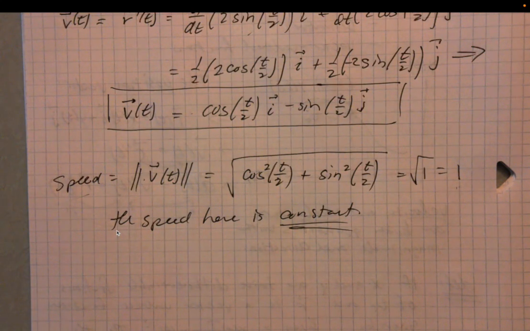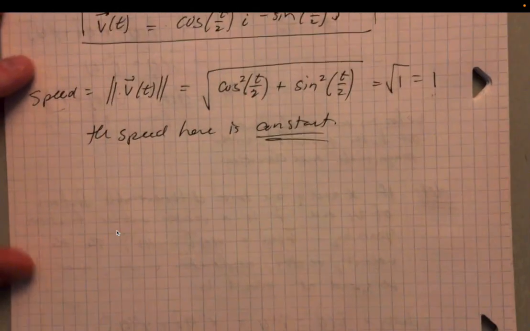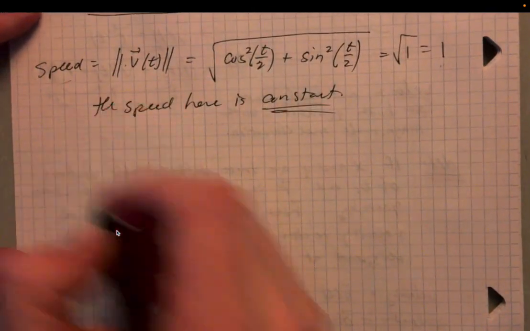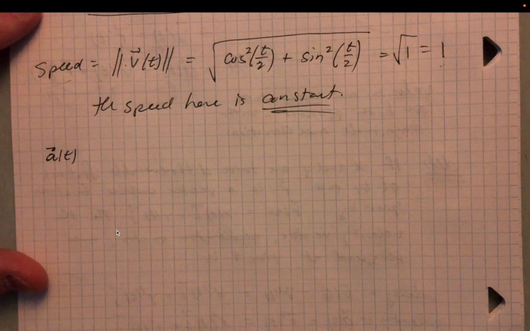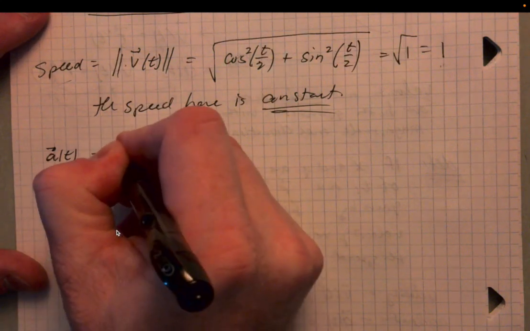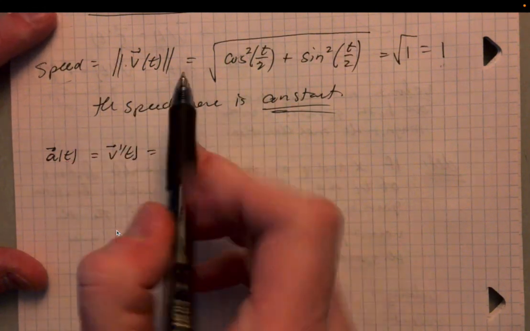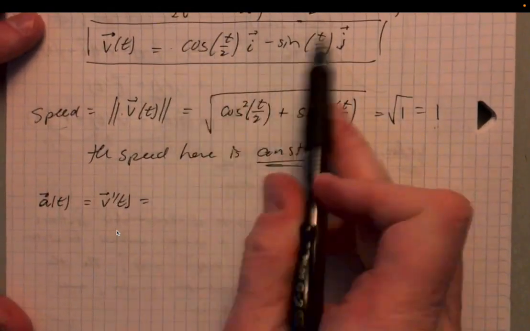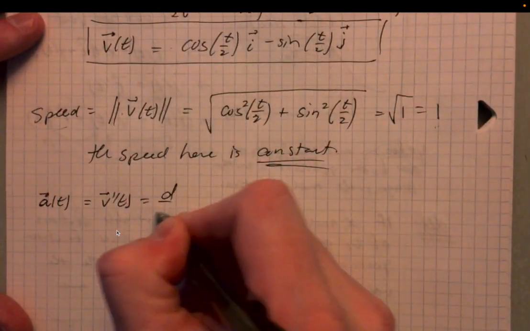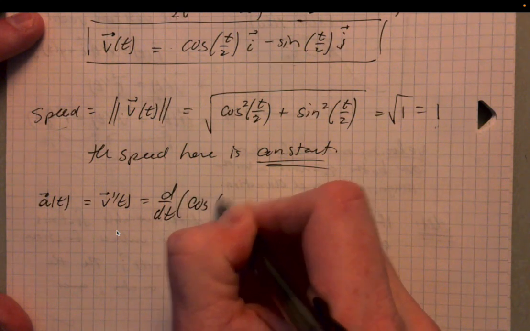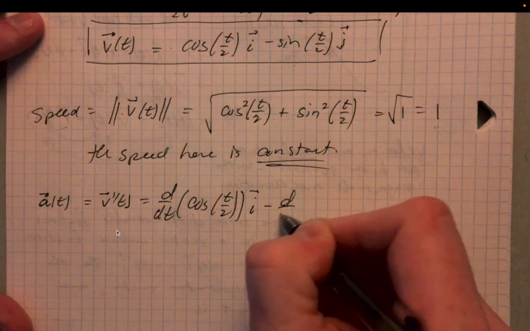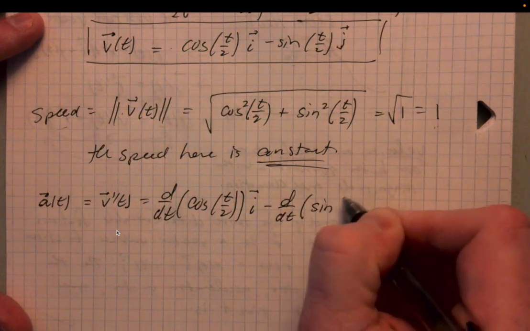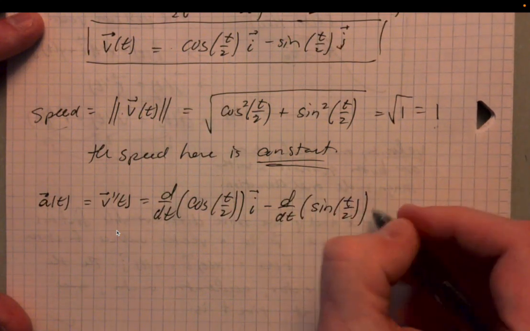Okay. All right. What about the acceleration? The acceleration, well, that's the second derivative of position, also known as the first derivative of velocity. So we just have to differentiate this right here. So that is d dt of cos t over 2 times i minus d dt of sine of t over 2 times j.